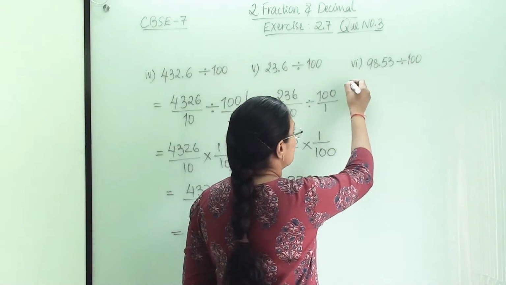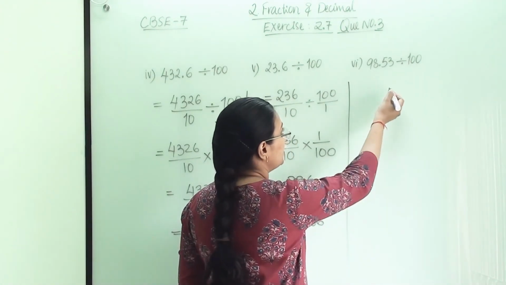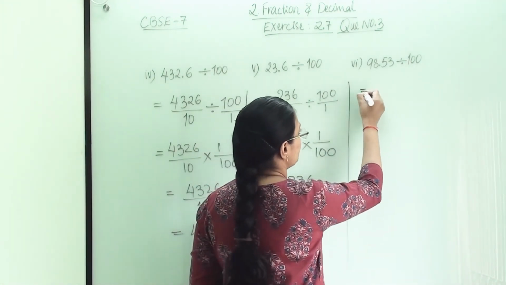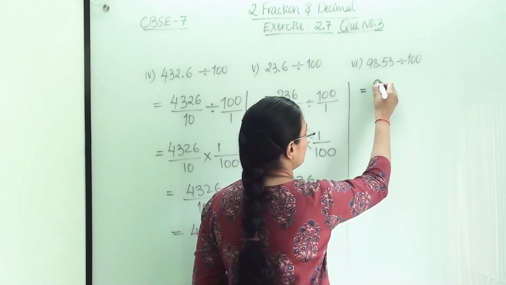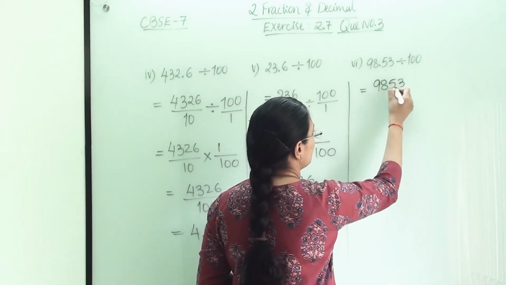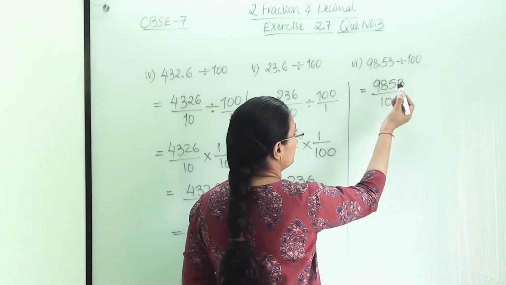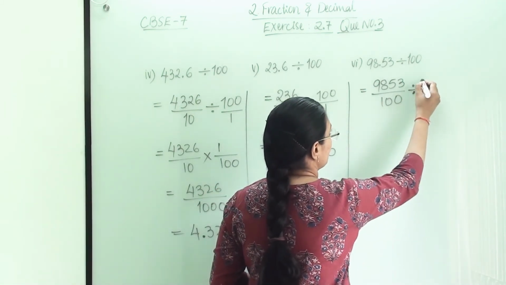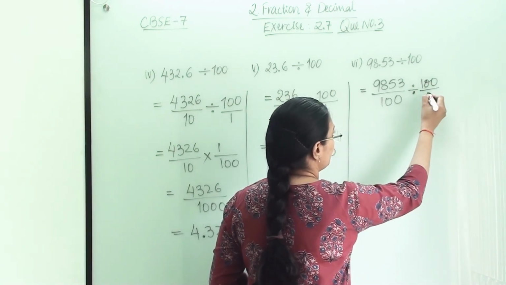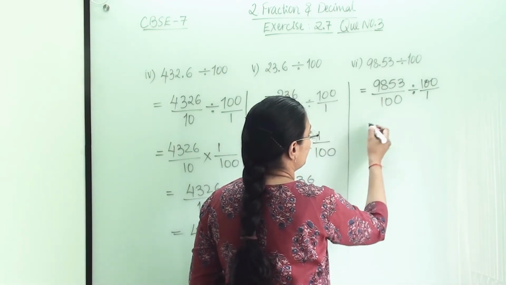The next is 98.53 divided by 100. Let us first convert this into its fraction form. 9853 over 100, because after the decimal point there are 2 numbers. Then divided by 100, and this is a whole number, so in its denominator 1 will be there.